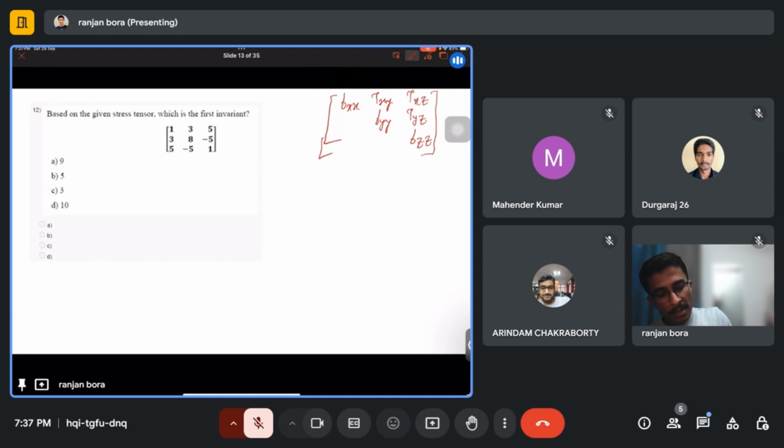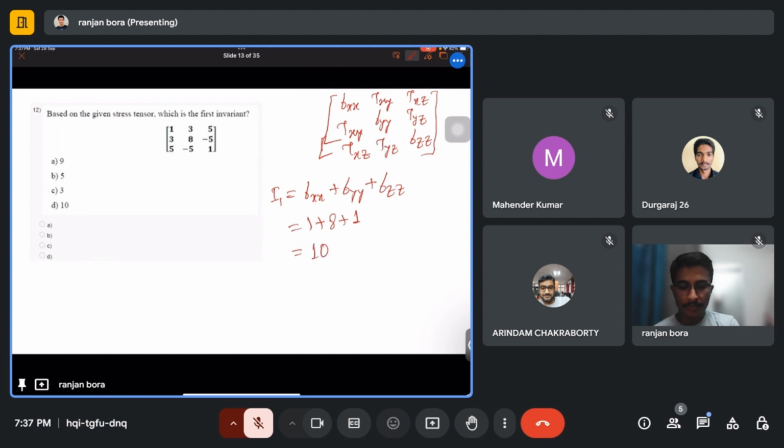And we know it is also symmetric, so it will be tau xy, tau xz, and tau yz. So what is the first invariant? I1 is sigma xx plus sigma yy plus sigma zz. It will be 1 plus 8 plus 1, which is 10. So D is the answer. Is it clear?